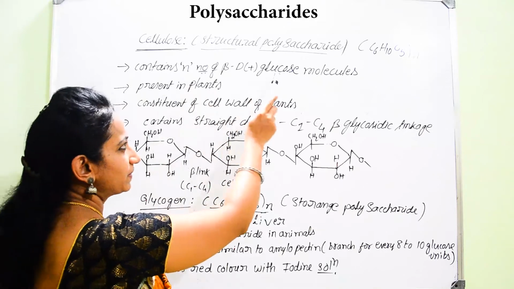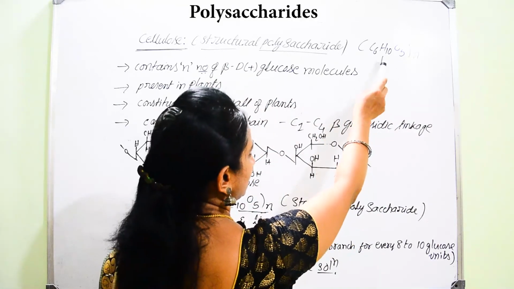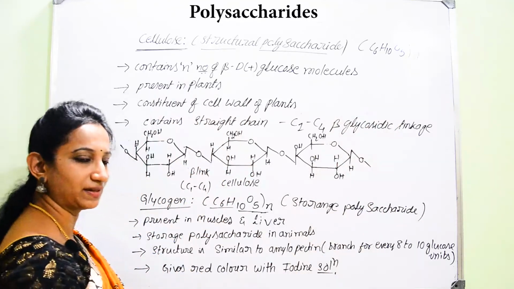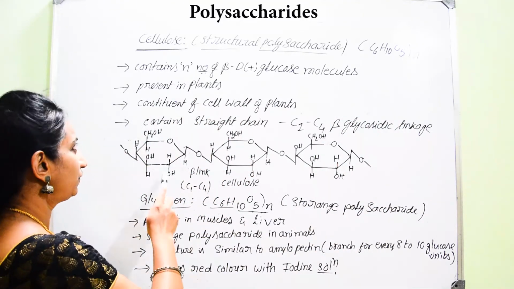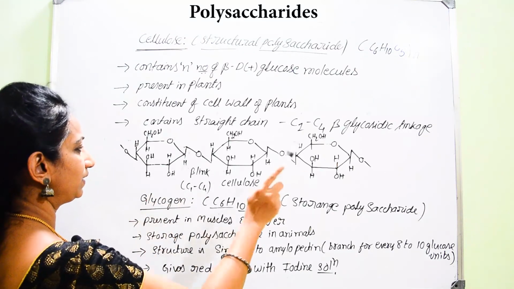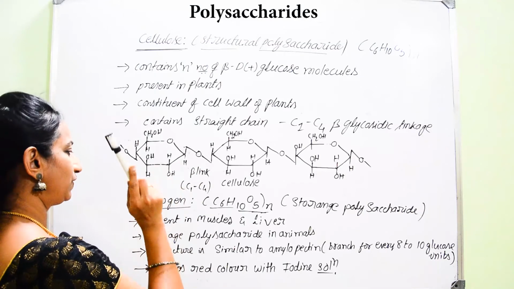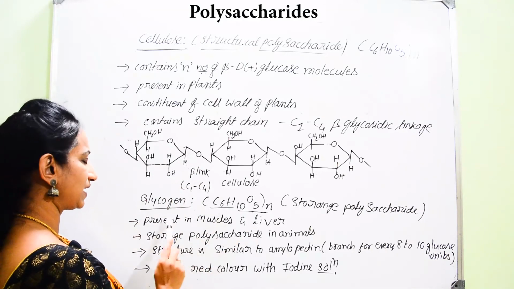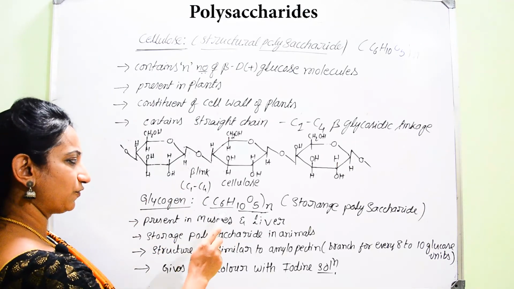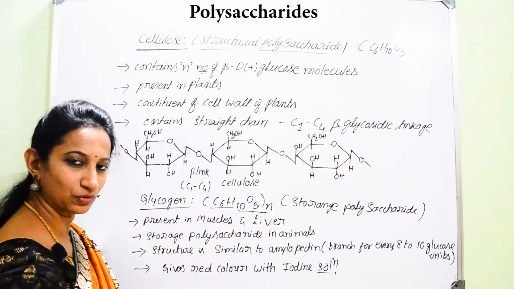So we can represent the general formula for the polysaccharide cellulose as (C6H10O5) n times. This structural polysaccharide contains n number of glucose units. Similar to cellulose, the next polysaccharide, glycogen, is also made up of n number of glucose units.